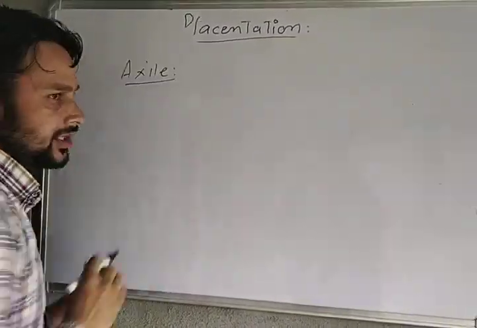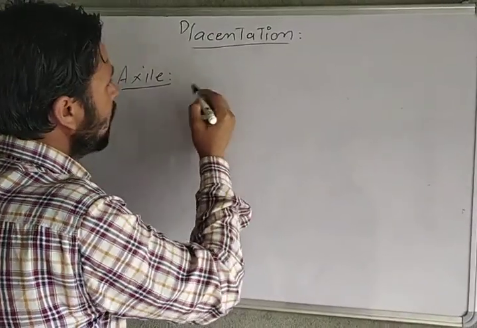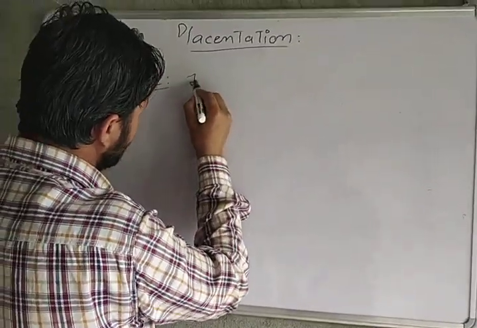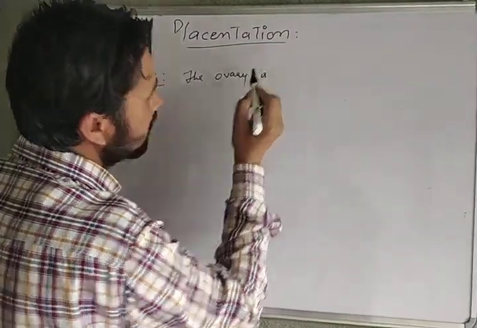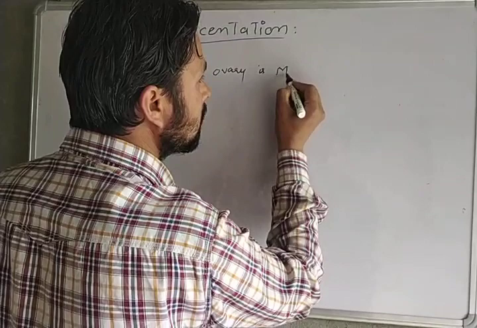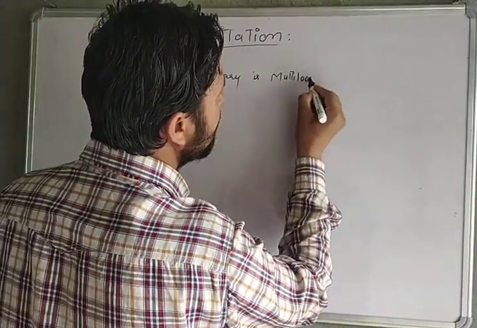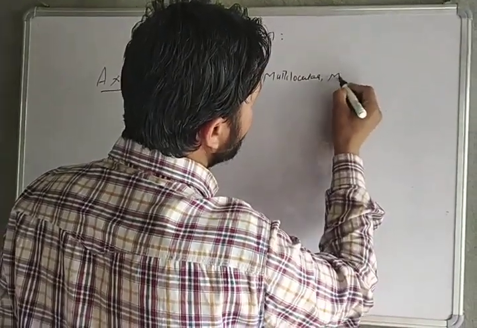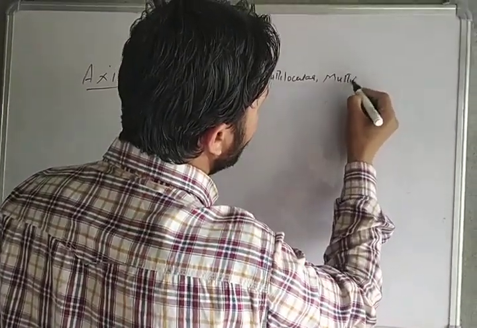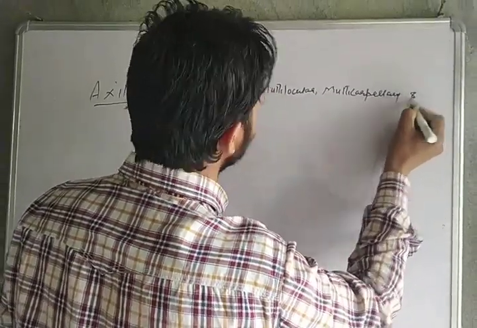What is axial placentation? Before going to axial placentation, we should know the ovary. The ovary is multilocular, multicarpellary and syncarpous.